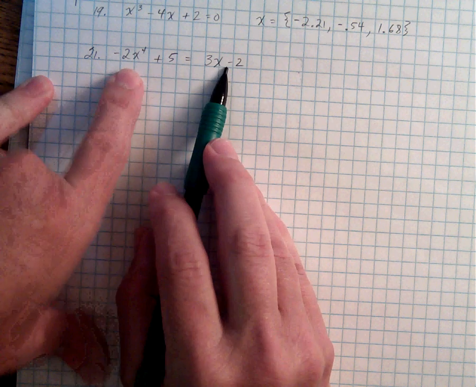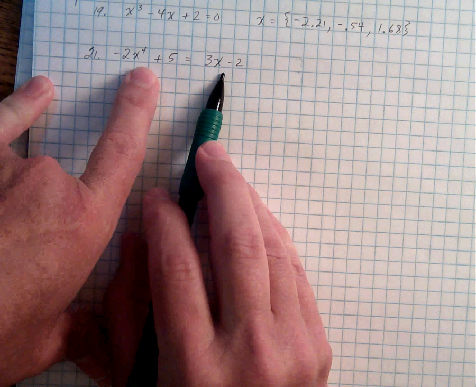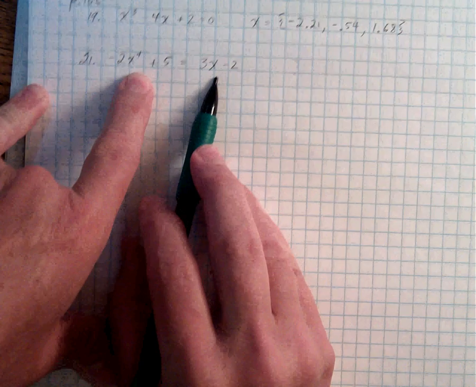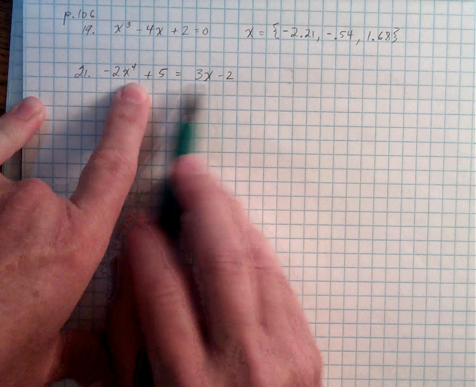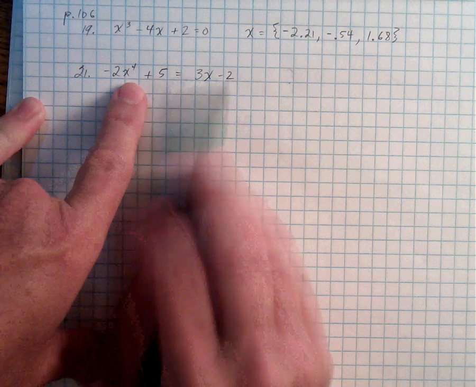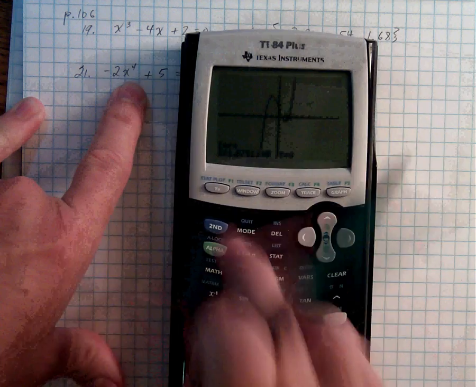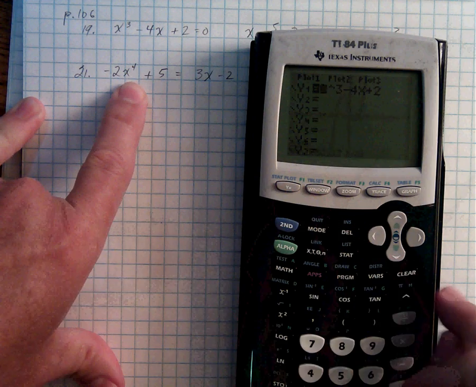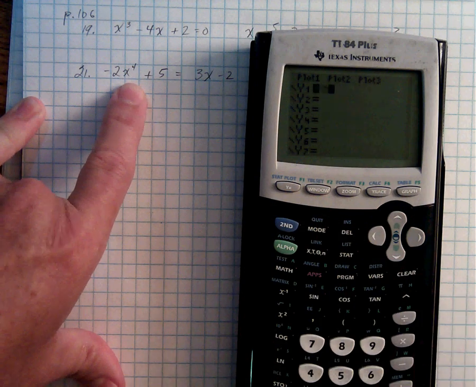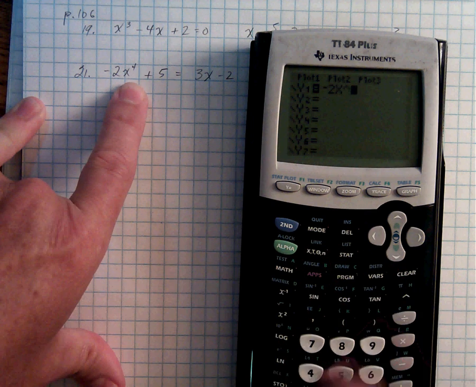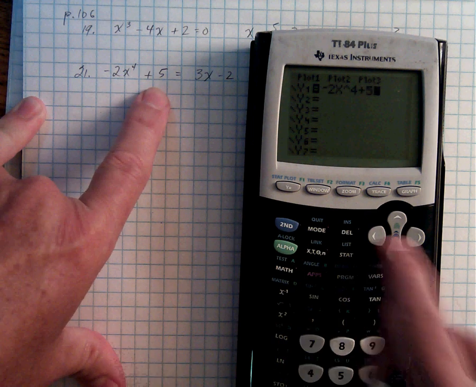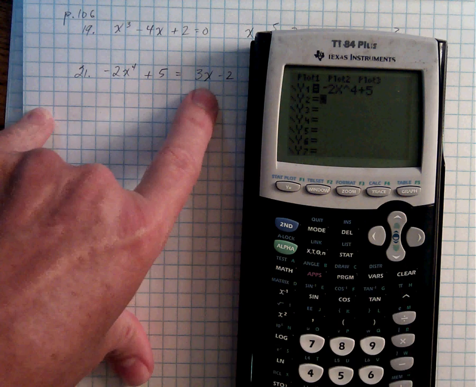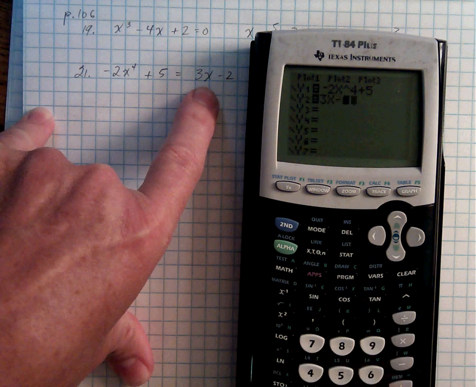We could graph them both and see where they cross, and then look at the x coordinates of where they intersect. So let's put them both in: negative 2x raised to the 4th plus 5, and 3x minus 2.